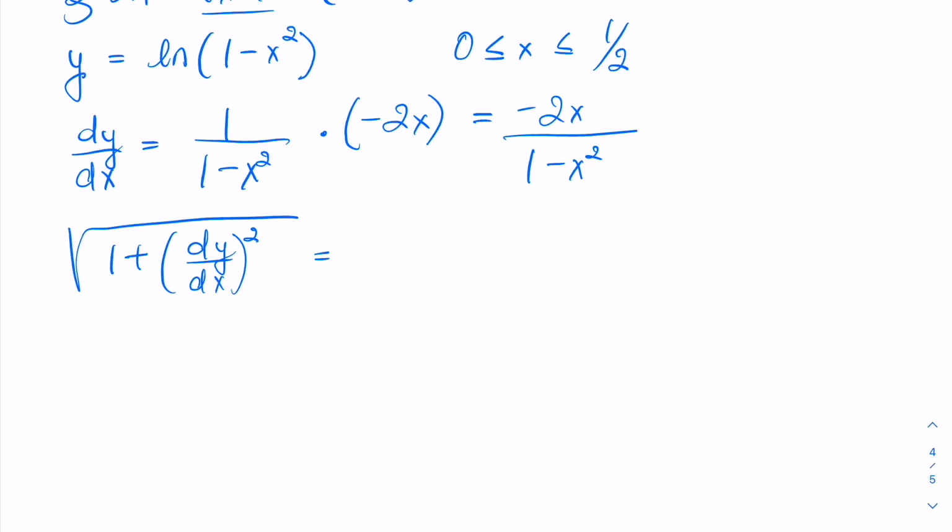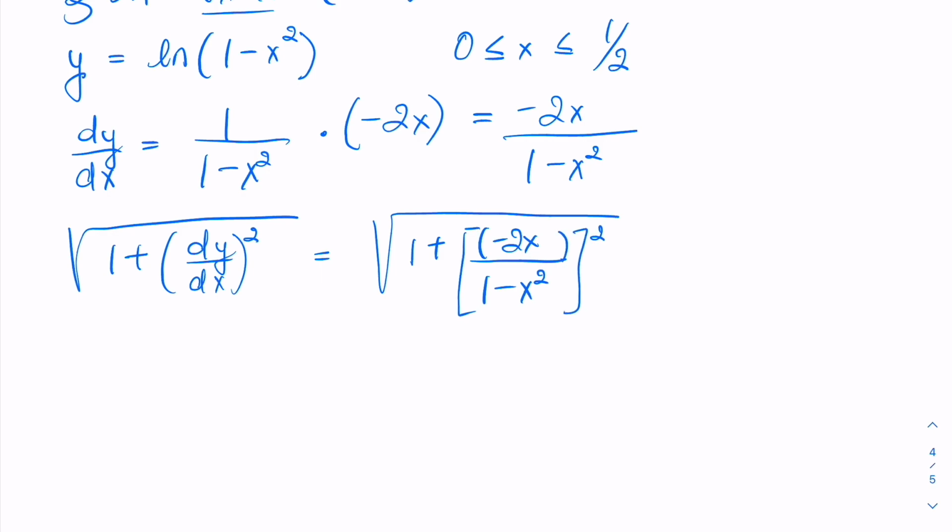It's going to give me 1 plus negative 2x over 1 minus x squared. And then we have to square this.